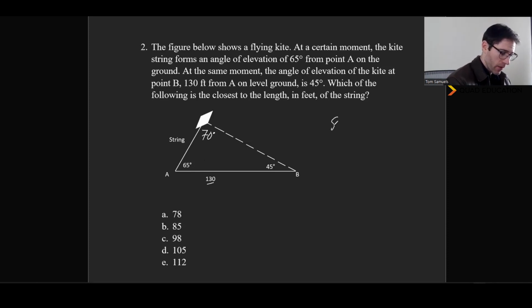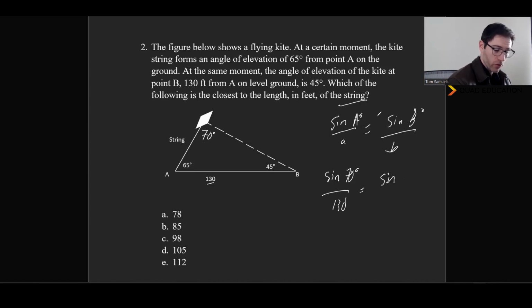So we're going to say the sine of a degrees over a equals the sine of b degrees over b. And since we're really only worried about 2, I'm just going to stop there. So this is going to be the sine of 70 degrees over 130 equals the sine of, we want to know how long the string is, so it's the sine of 45 degrees over, let's just call that b.